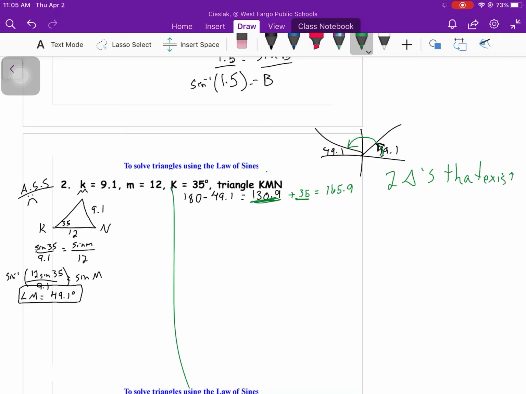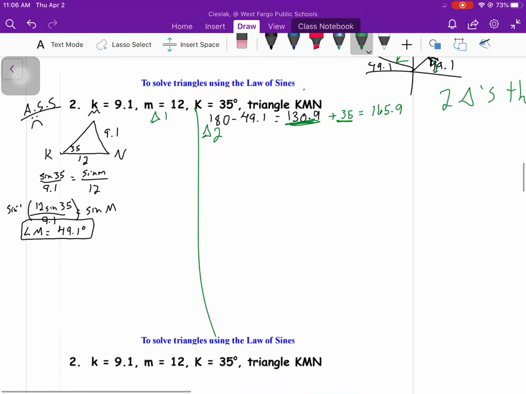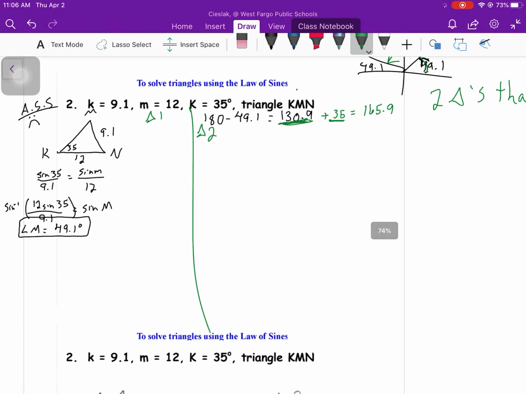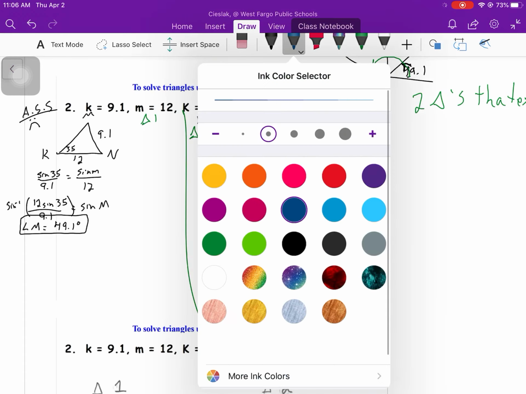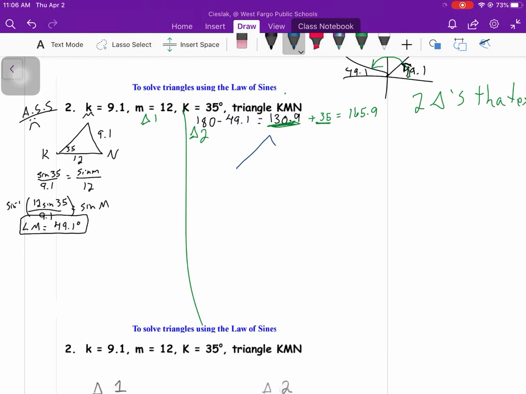As soon as you see that, I split this up. This is triangle 1. This is going to be my work for triangle 2. Okay, so now at this point, you could come back and finish solving the one on the left. It doesn't really matter. Over here, I'm going to just redraw a triangle and show you how this is going to be different now.